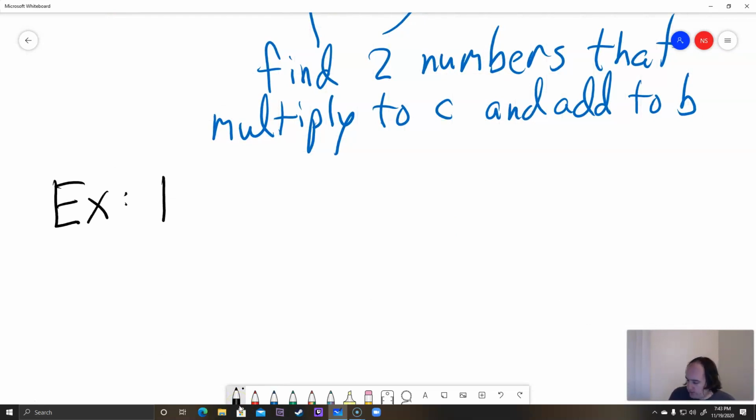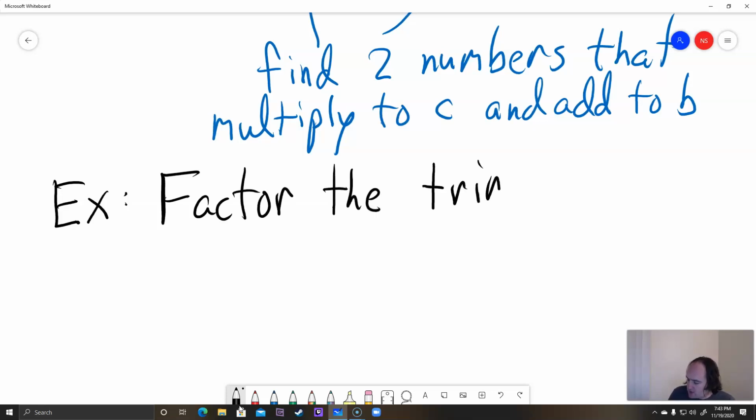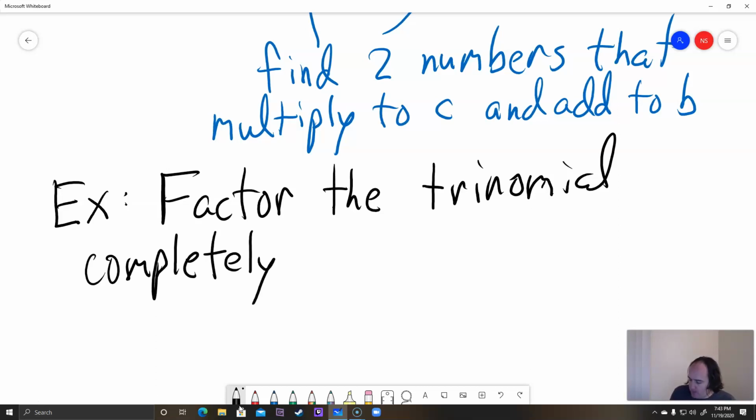Okay, example. Factor the trinomial completely. By the way, trinomial means that it has three terms.